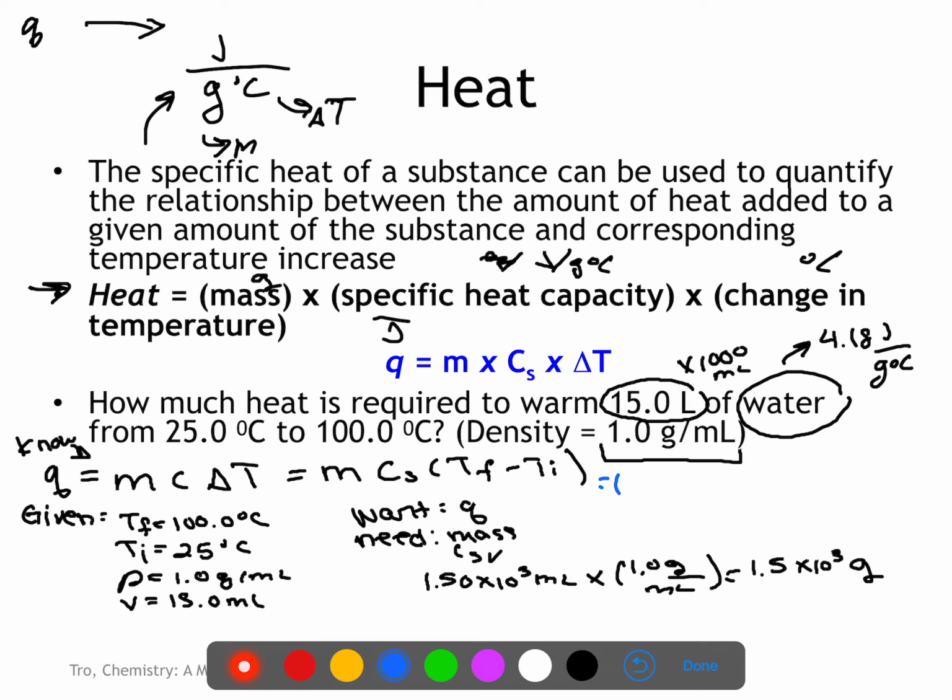So you take your mass, 1.5 times 10 to the third grams, times the specific heat, 4.18 joules per gram degree Celsius, times the temperature change, final minus initial, in degrees Celsius, and Q will then equal 4.70 times 10 to the fifth joules.